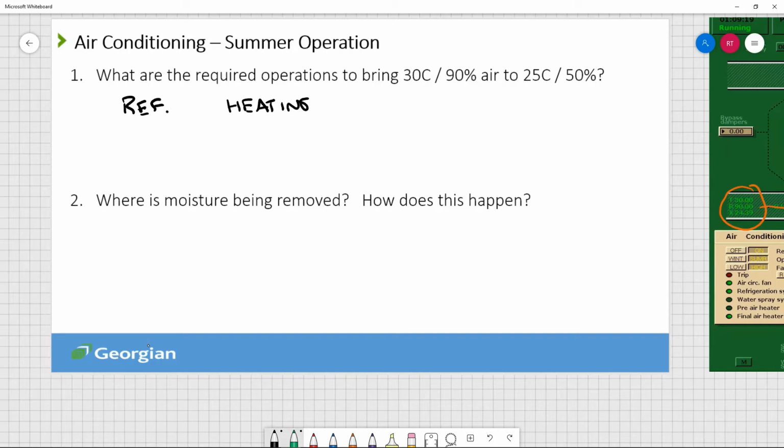Somewhere my humidity drops, which means I need to likely remove some moisture. So let's figure out where moisture is being removed.